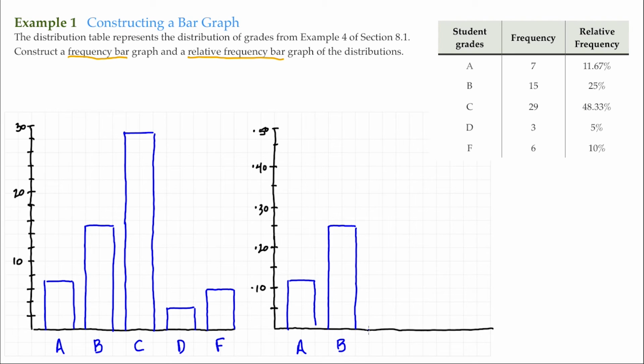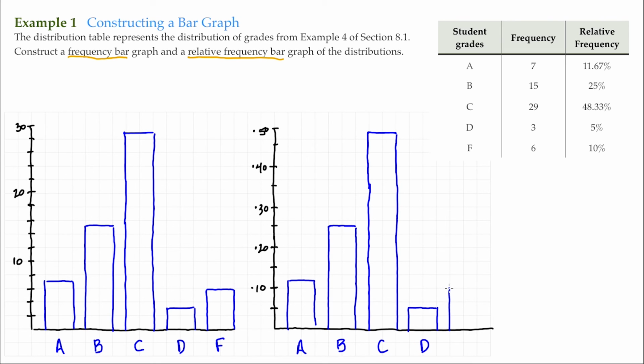That's our tallest bar. Our D's, that's 5%. So that'll go right up here. And then, of course, our F's, that's 10%. And that goes right here.